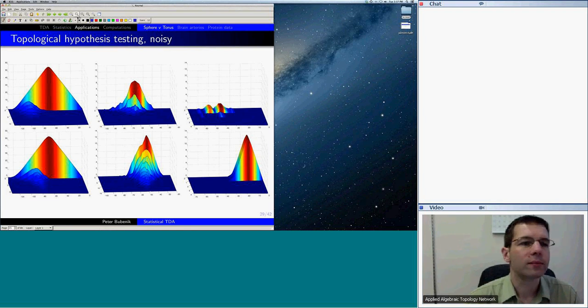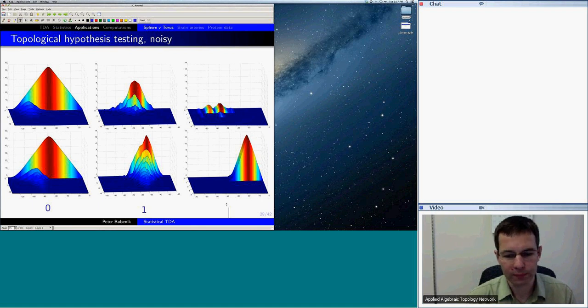Here are the average persistence landscapes, again, with degree 0 on the left, 1 in the middle, and 2 in the right. The same one, they're a little bit different, though somewhat similar.